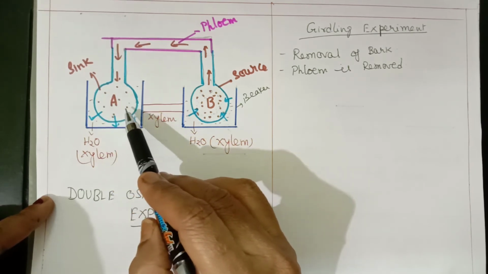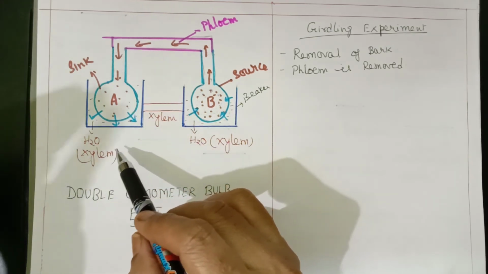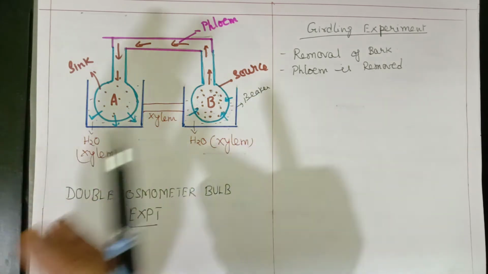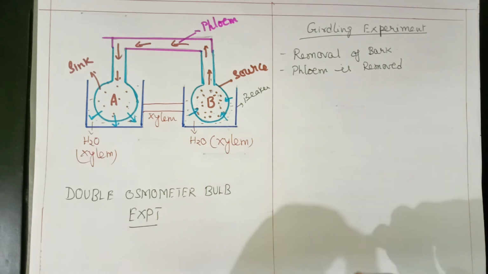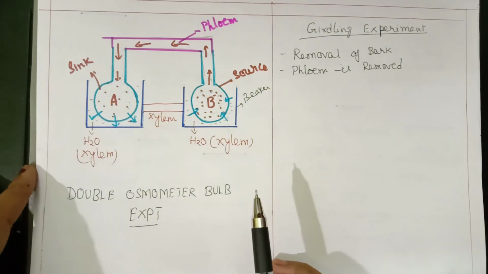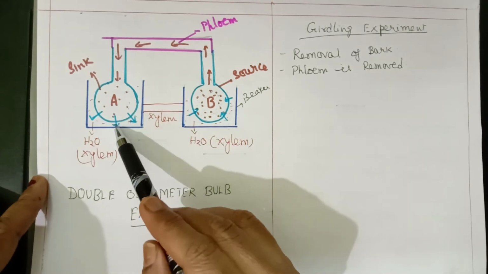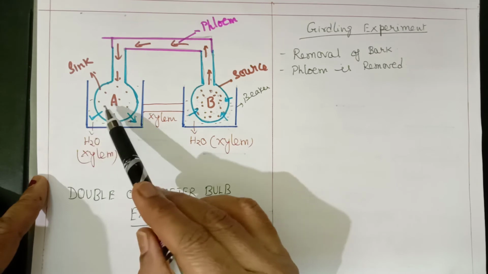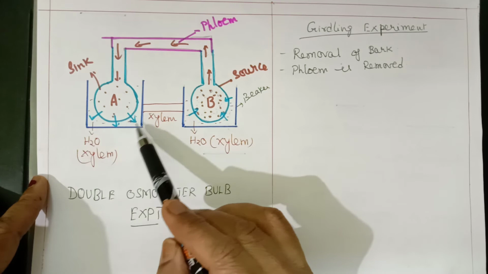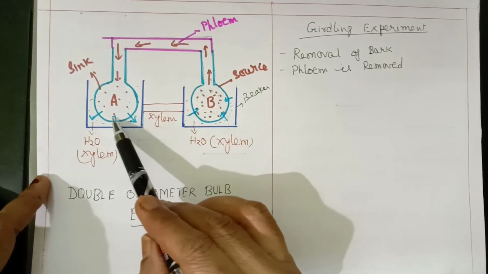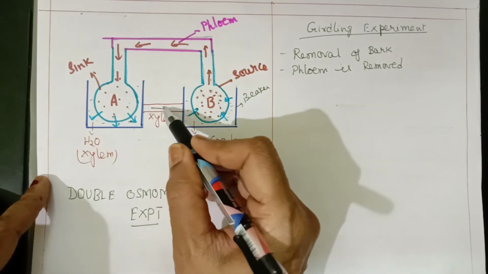The sugars from companion cells are removed and move towards the other cortical cells for storage. So the concentration is always less at the sink, and when concentration is less, water potential is more. So water starts moving out from the sink bulb into the xylem. This is how it maintains the continuous flow of water.